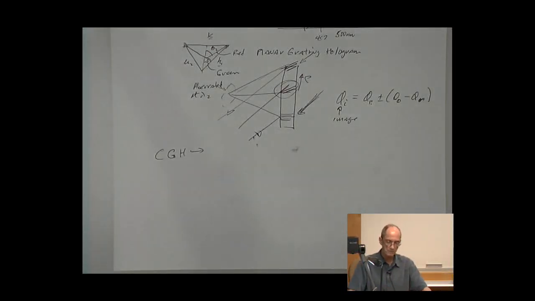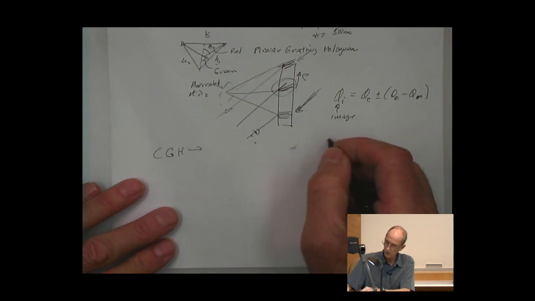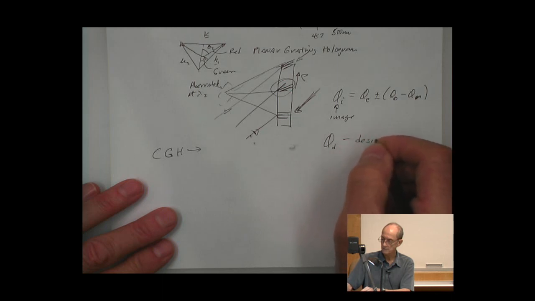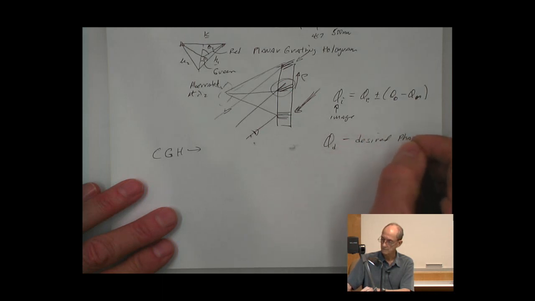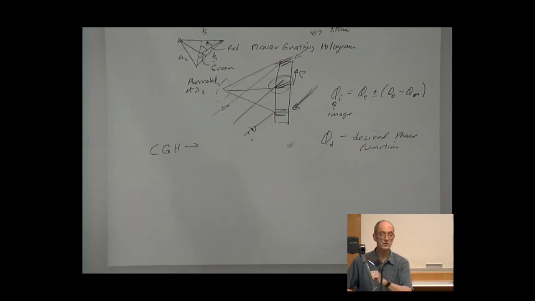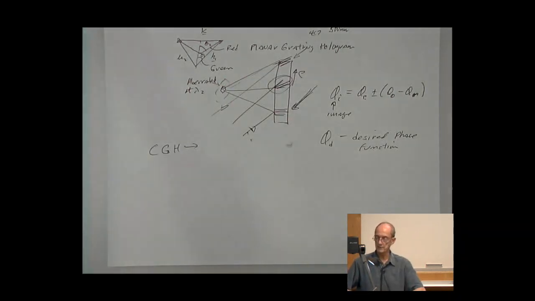All right, and so for instance, what we want is some desired phase function for the image, right? We're not going to be perfect, but maybe we can get it down to a pretty small spot, which may be smaller than the resolution of our detection element, like the camera pixels or the resolution limit of your eye and so forth.